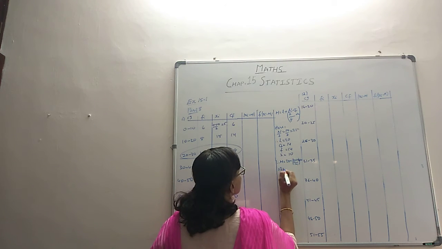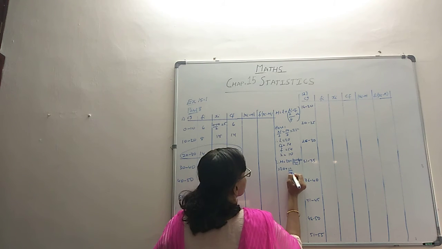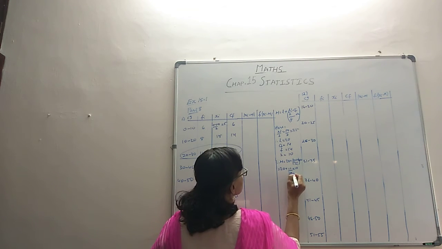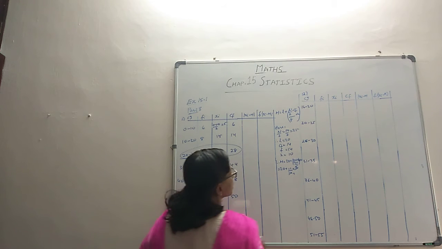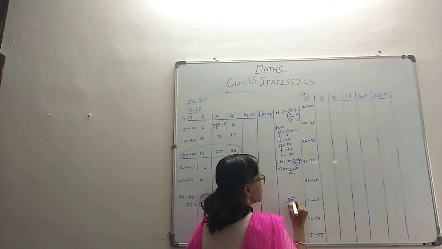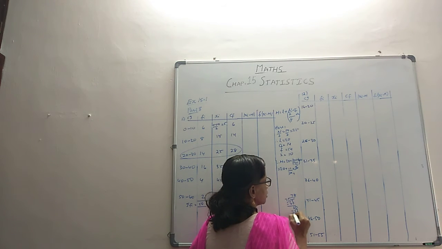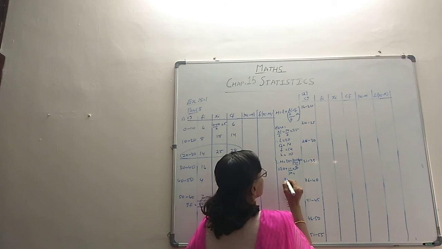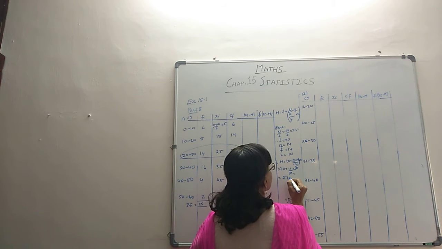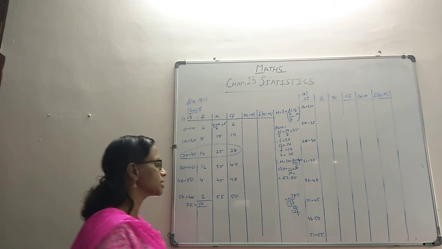So 20 plus (25 minus 14), that's 11, 11 by 14 into 10, which is 55 by 7. 7 8s are 56, so 7 sevens are 49, remainder 6, 60, 7 8s are 56, remainder 4, 7.85. Adding this 7.85 to 20, it becomes 27.85.